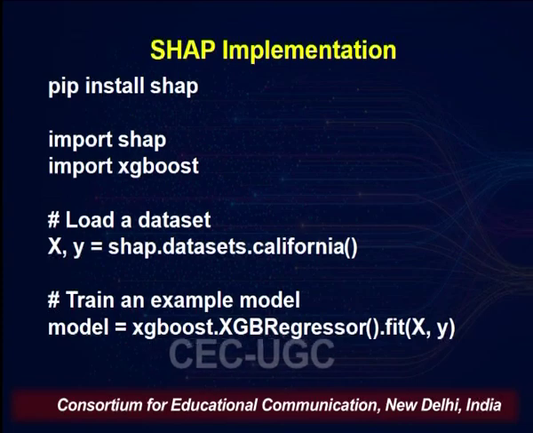If it gives you an error, you have to cross-check whether the programmers of SHAP have made some updates or changes to their existing code, and change your code accordingly.